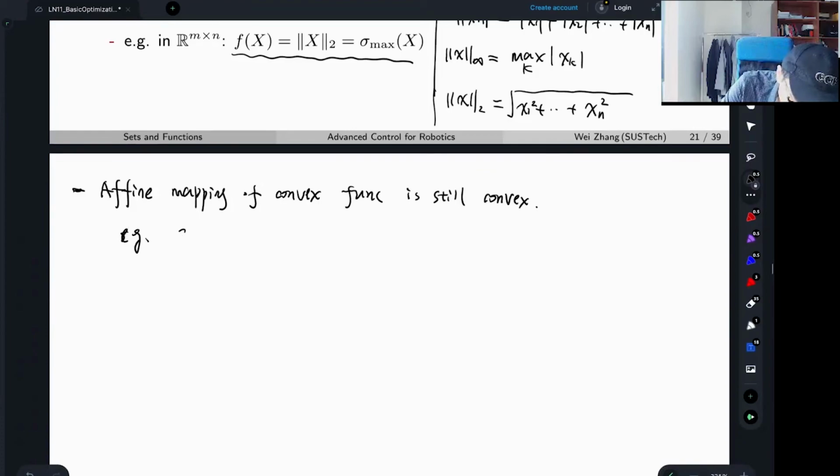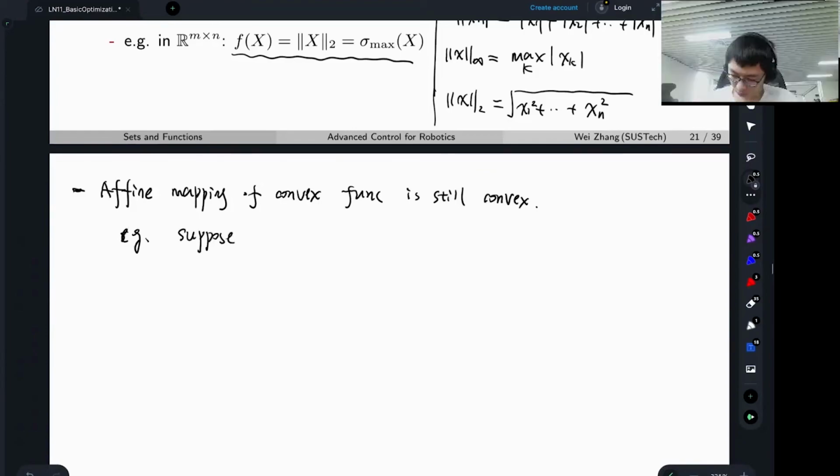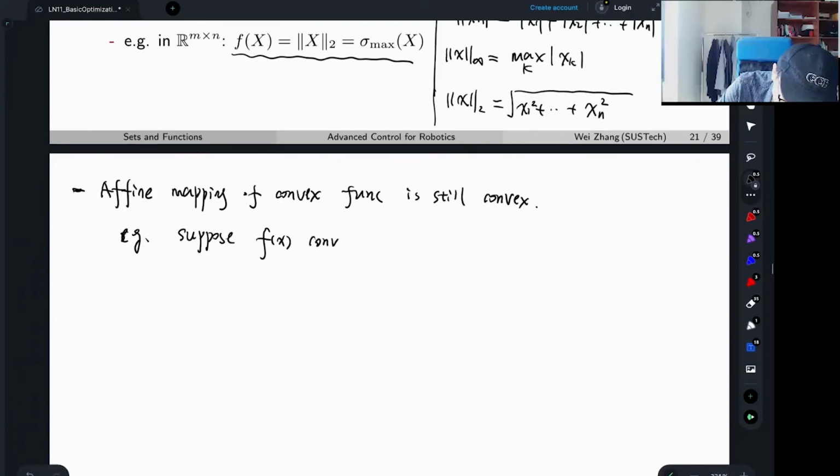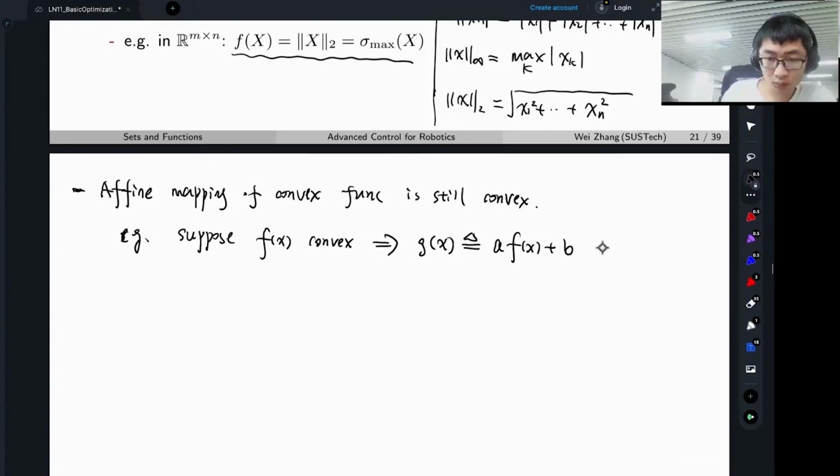For example, let's suppose my f of x is convex. That's given. Then I can define another function, let's say g of x, which I define as a f of x plus b. This will also be convex.